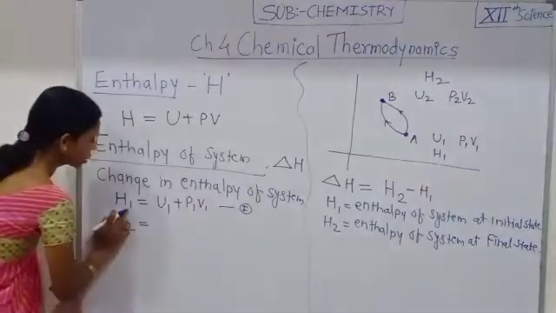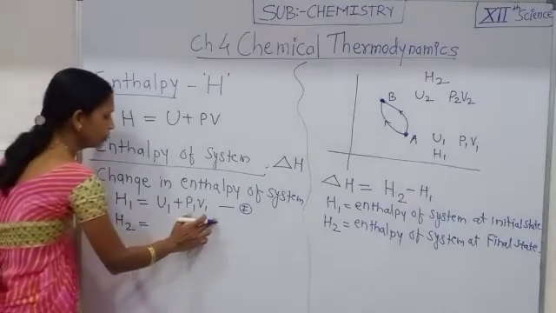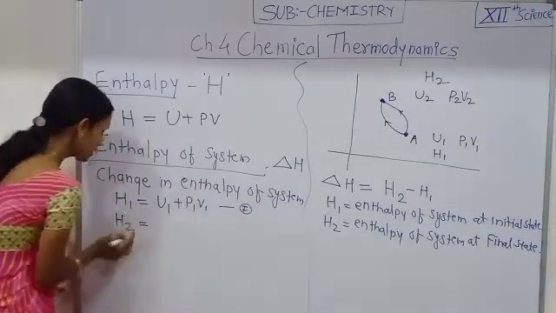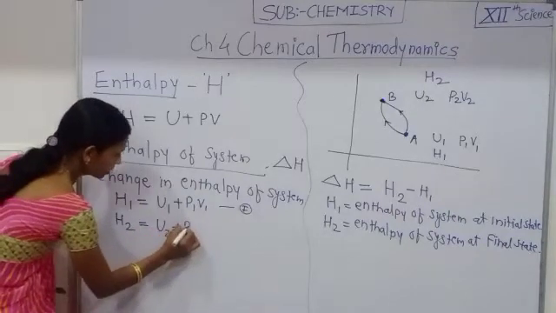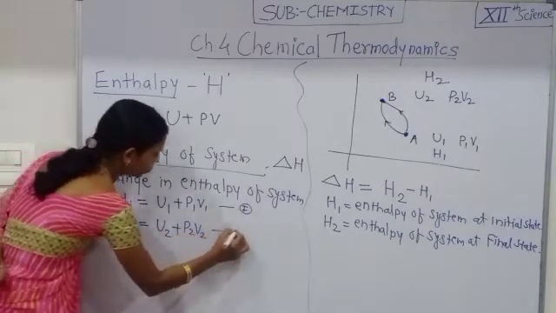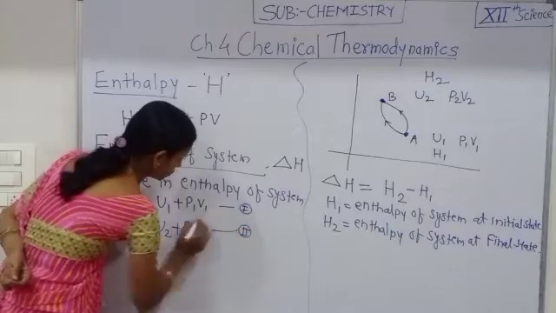That is, H1 is equal to U1 plus P1 V1, let this be equation number 1. H2 is U2 plus P2 V2, let this be equation number 2.